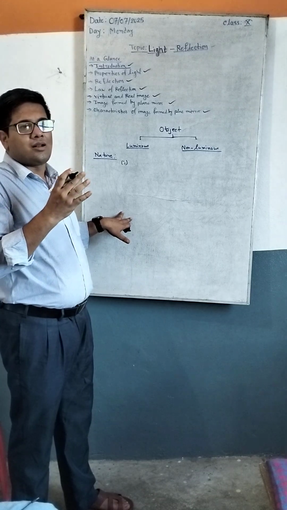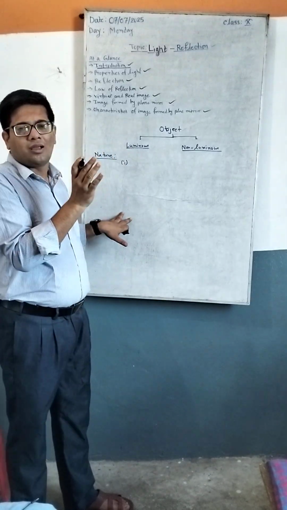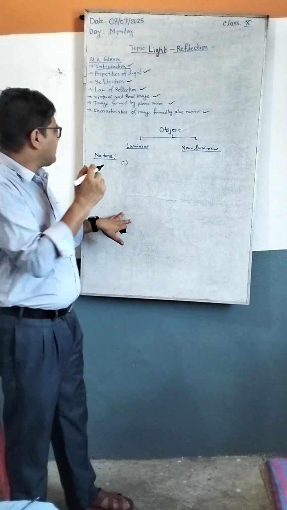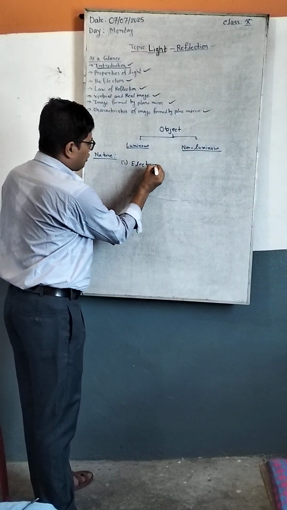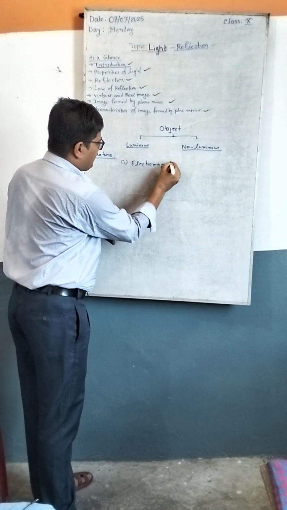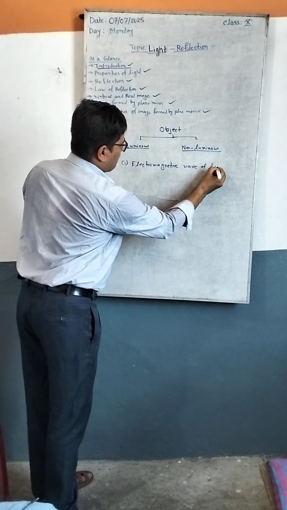This means that every light has a wavelength and frequency. What is the electromagnetic wave of light?